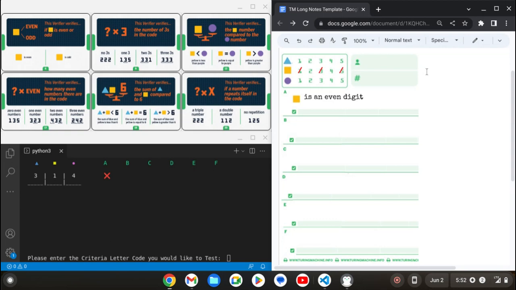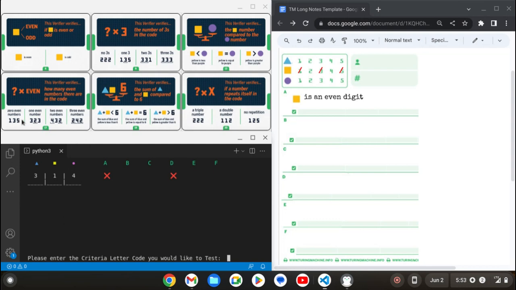Okay, since I do know that's even, notice I do have this criteria card D that'll let us know how many evens there are. So let me go ahead and test criteria card D. Okay, so the Turing machine does not approve of the proposal. So notice I've got in my code 314, I've got 2 odds to 1 even. So it does not approve of there being a single even.